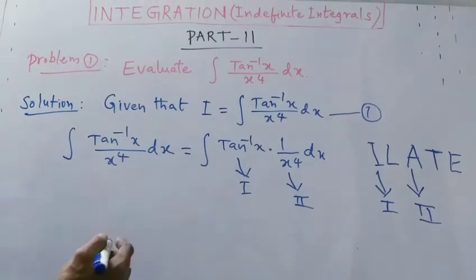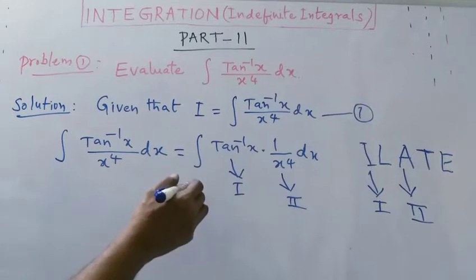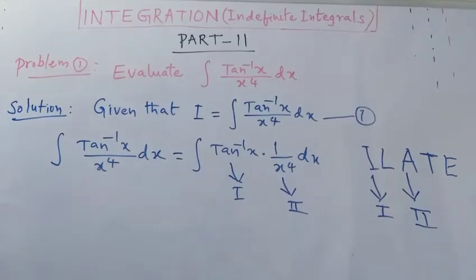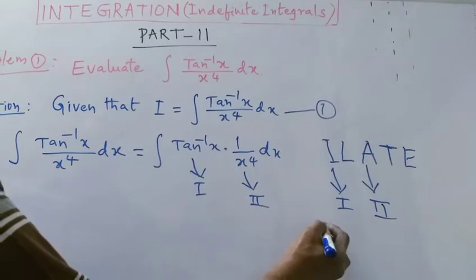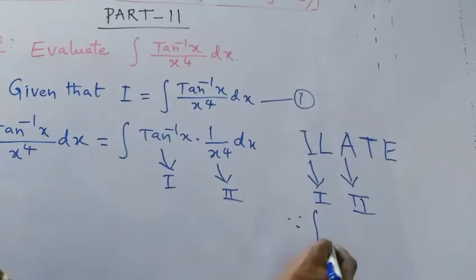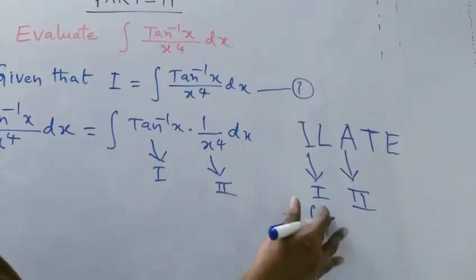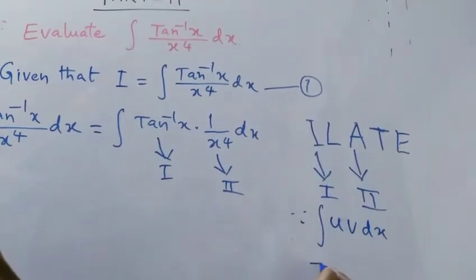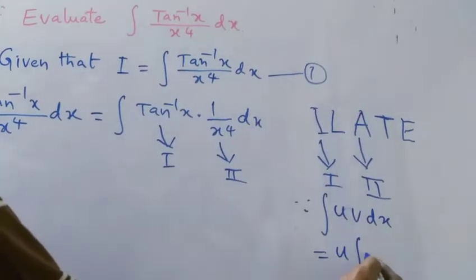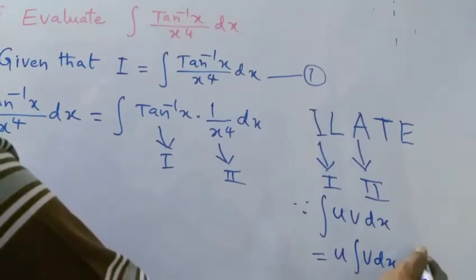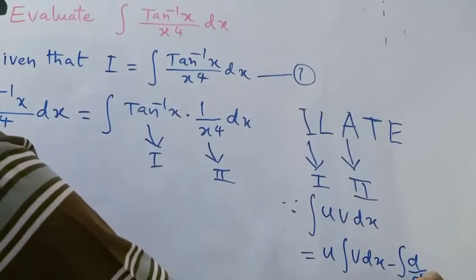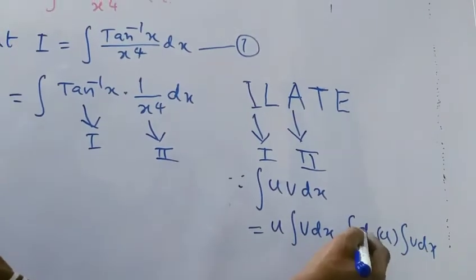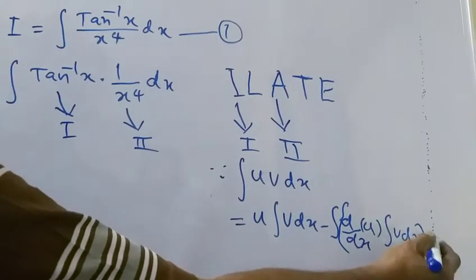The integral of u into v dx is equal to first function into integral of second function v dx, minus integral of differential coefficient of first function into integral of second function, whole dx.